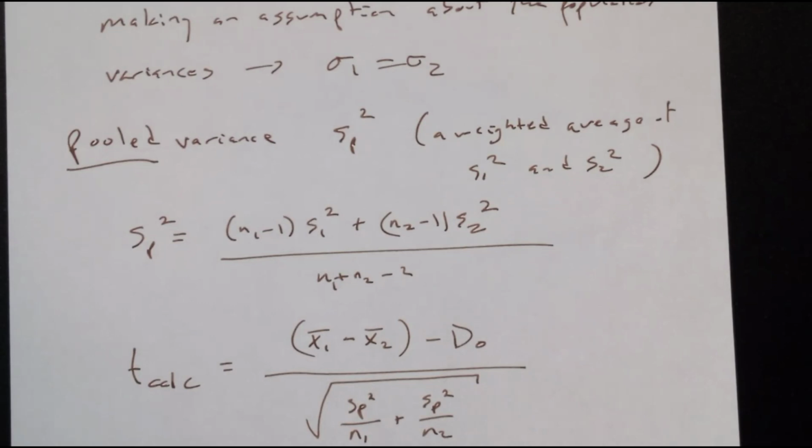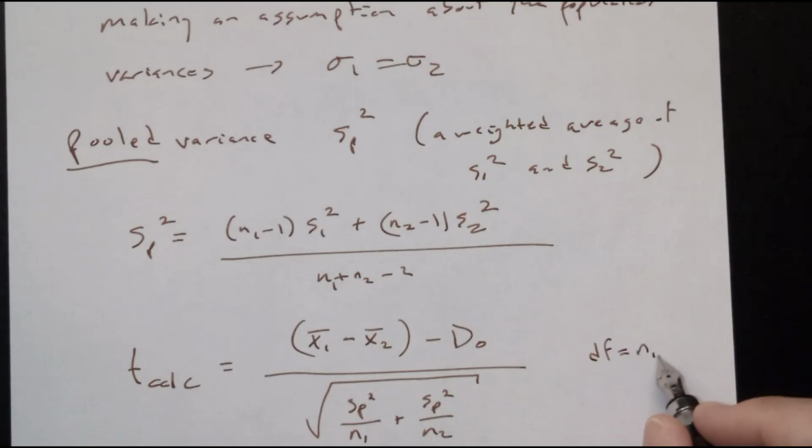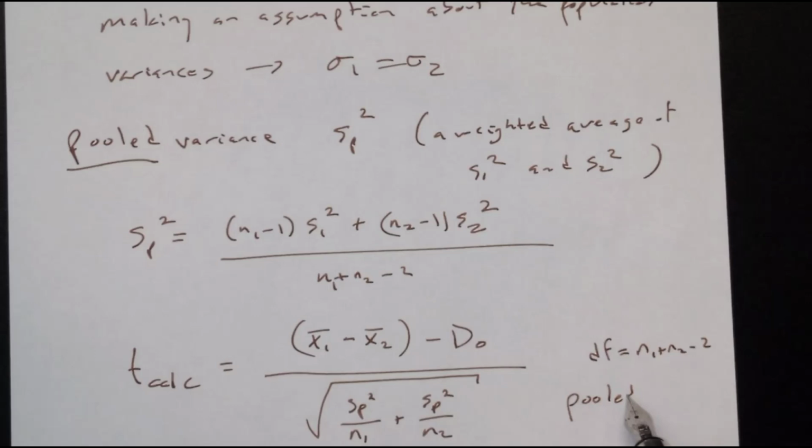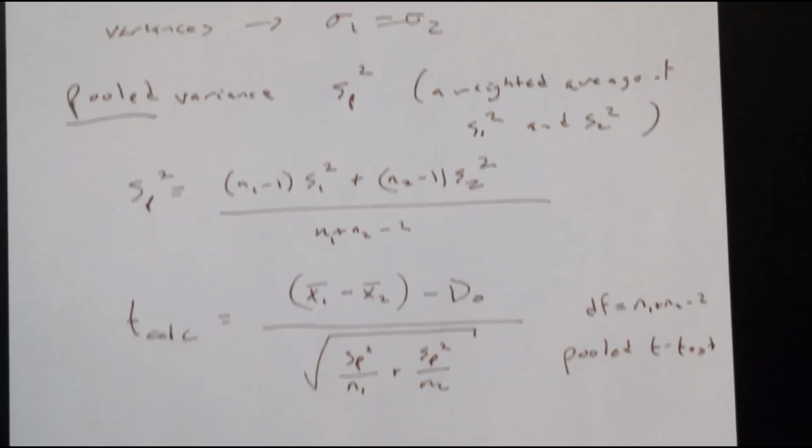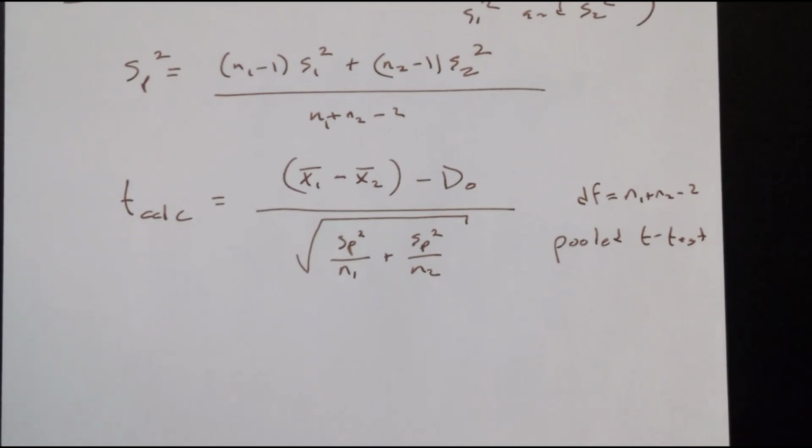I'm going to do this on calculators. I'm going to do this on computers. I'm not going to do this on my own. This is referred to as a pooled or combined t-test. So those three formulas go together.